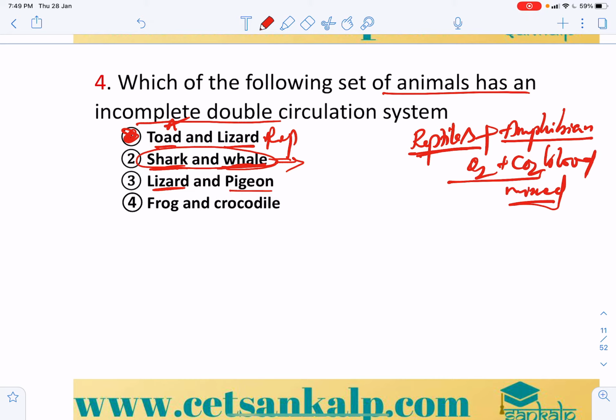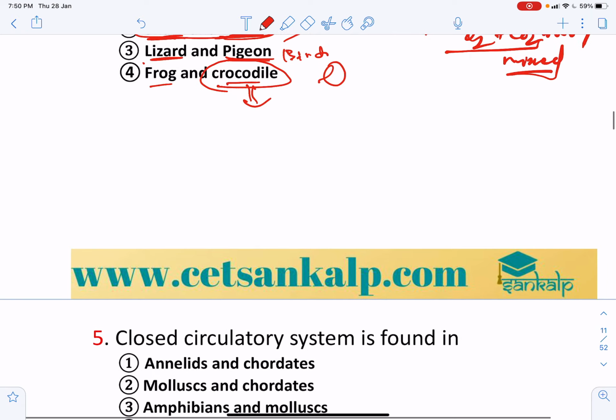Lizard and pigeon: lizard is a reptile, pigeon is a bird, and birds show complete double circulation. Frog and crocodile: crocodile is an exception, even though it is a reptile, it shows complete double circulation. So the answer is toad and lizard, which show incomplete double circulation.